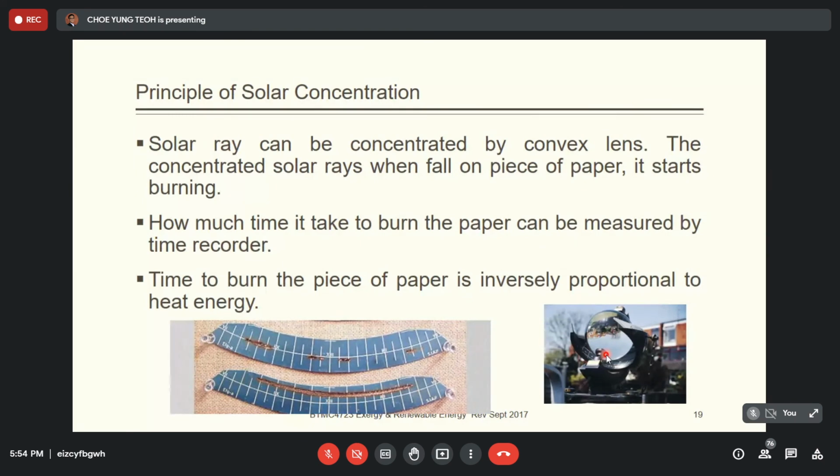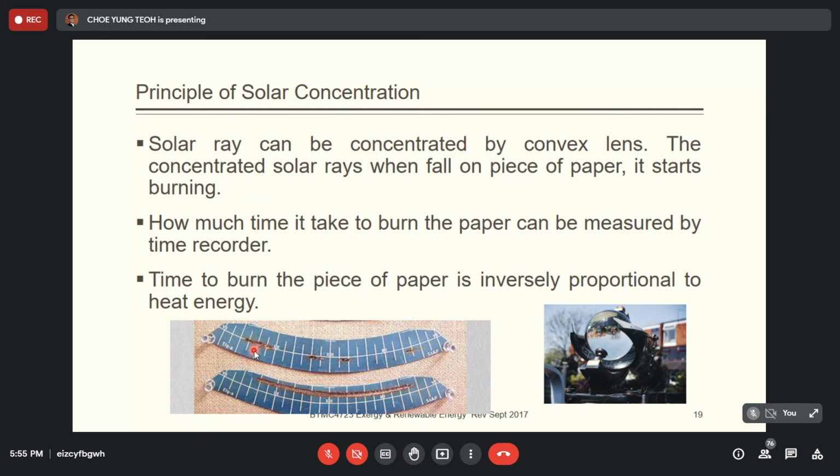So that single point will have a high temperature until it's able to burn the paper. You put the paper at the bottom of the convex lens, and on the paper they will mark the time. So from this paper, I can see from what time to what time I have sunlight, and from what time to what time I don't have sunlight, based on where it's burned.